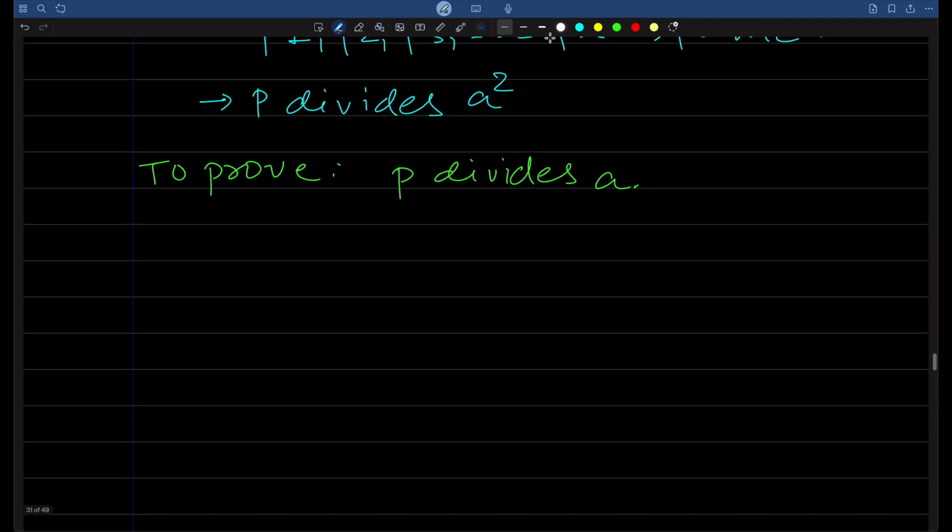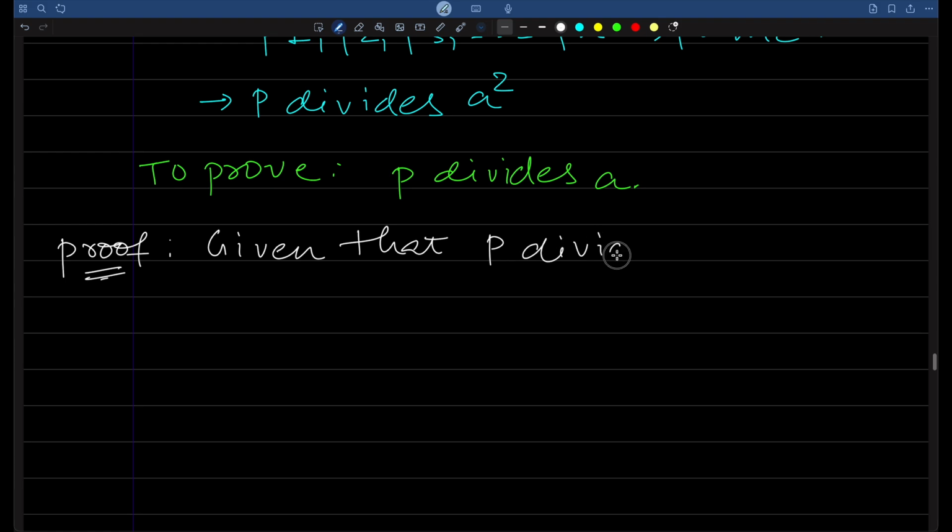So let us start the proof. We are given that p divides a square, so p is one of the prime factors of a square.